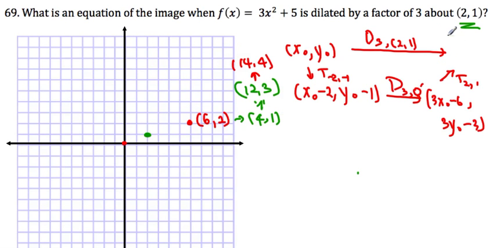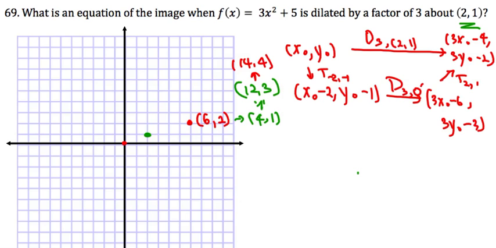Here it would have been 3x naught minus, instead of 6, it will be minus 4, comma 3y naught, instead of minus 3, it's going to be minus 2. And that becomes our answer.